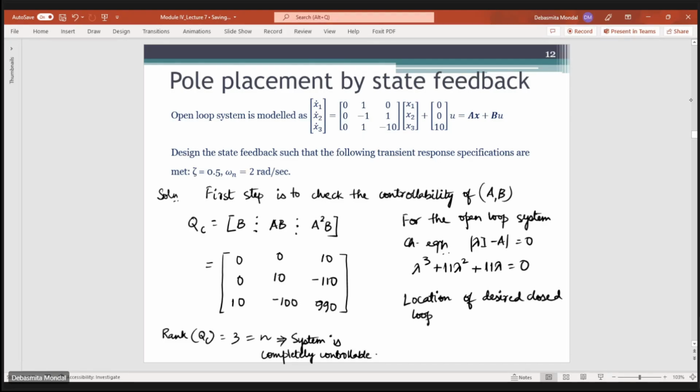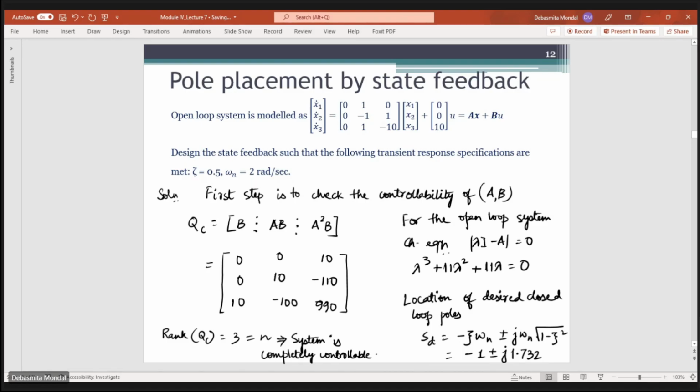Two of the closed loop poles, the dominant ones, are given by minus zeta omega n plus minus j omega n square root of 1 minus zeta square. These values are known to you, so you can find the pair of complex poles: minus 1 plus minus j 1.732. So from these 2 criteria, there will be a pair of complex conjugate poles, and their position can be found out.